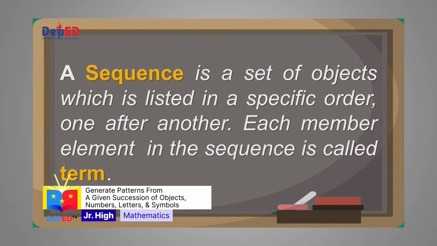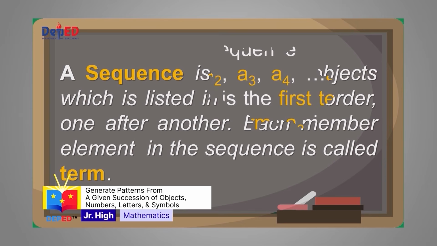A sequence is a set of objects which is listed in a specific order, one after another. Each member or element in the sequence is called a term.